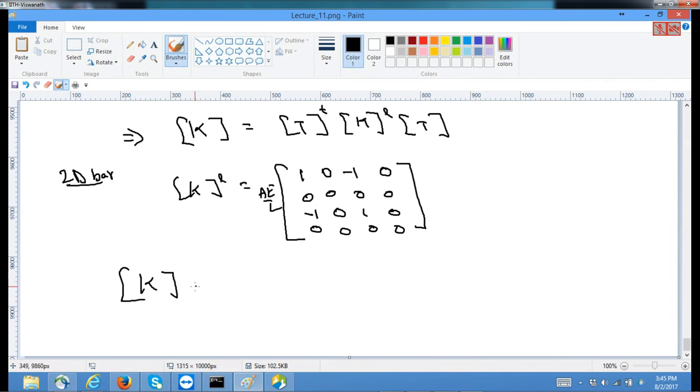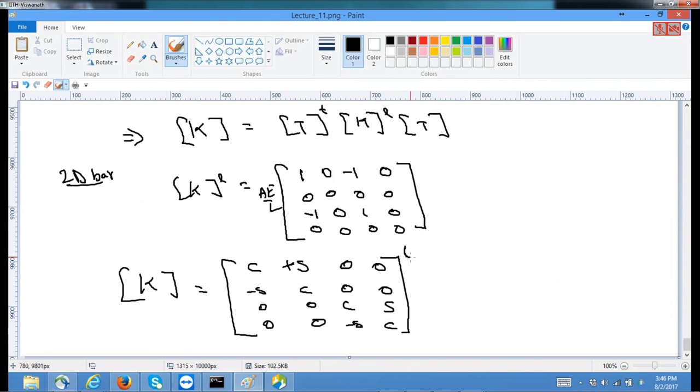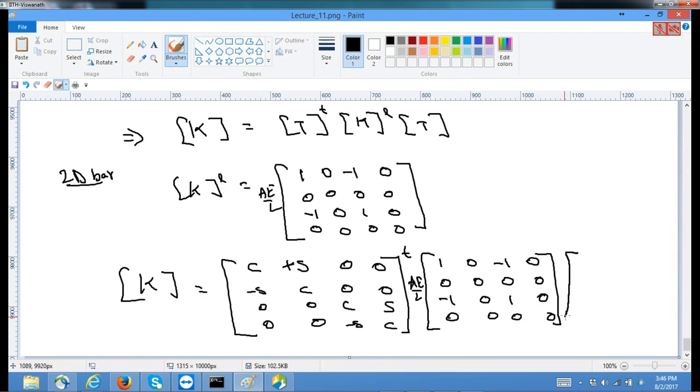K global is given by the transpose of the transformation matrix [C S 0 0; minus S C 0 0; 0 0 C S; 0 0 minus S C], times AE by L times the matrix [1 0 minus 1 0; 0 0 0 0; minus 1 0 1 0; 0 0 0 0], times T, which is [C S 0 0; minus S C 0 0; 0 0 C S; 0 0 minus S C].